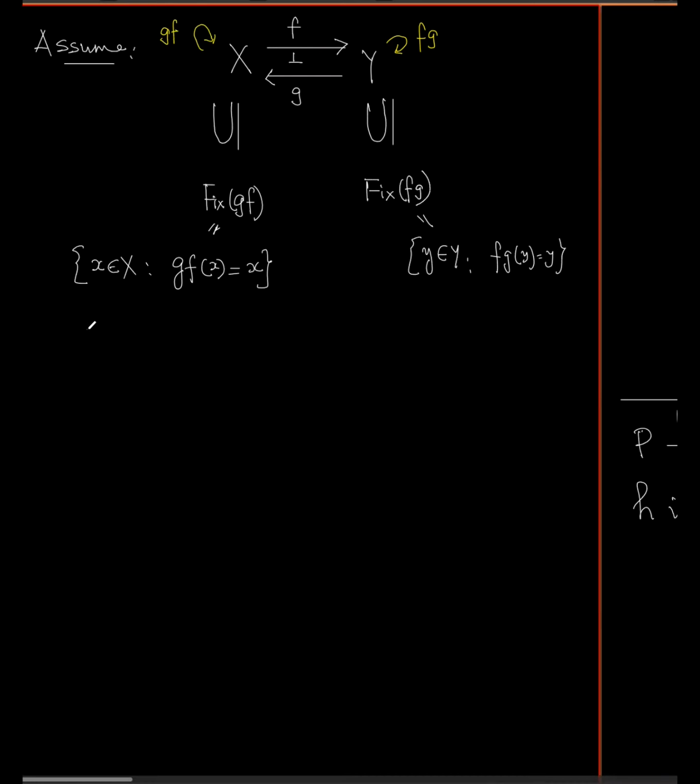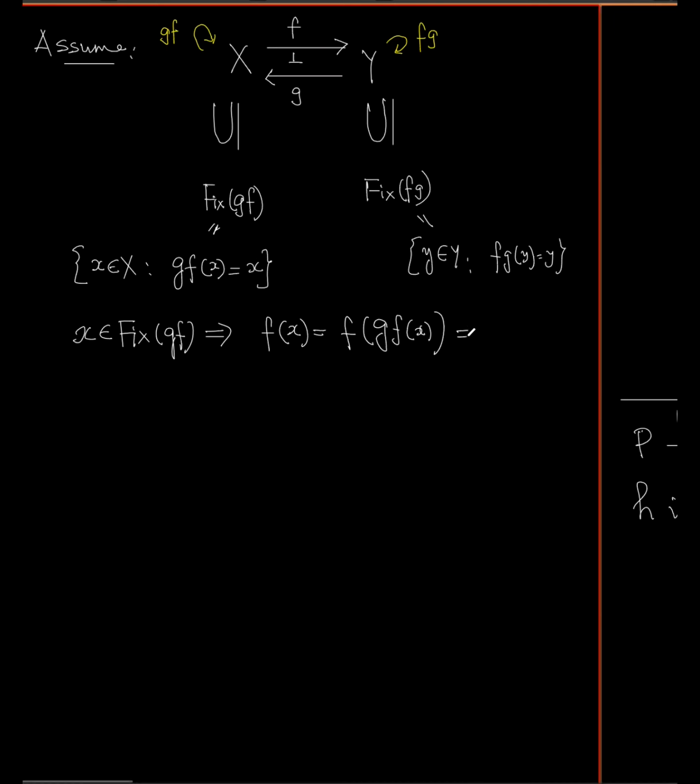Now, suppose you take an X from fix of GF, then F of X is the same as F of GF of X. But you know FGF is actually equal to F, right? So therefore, this is equal to F of X.